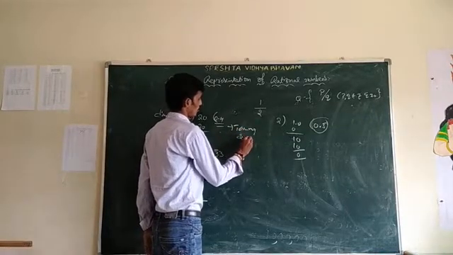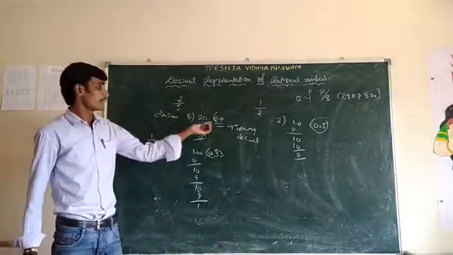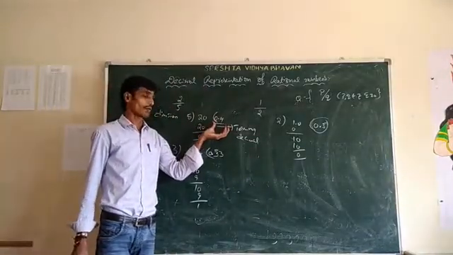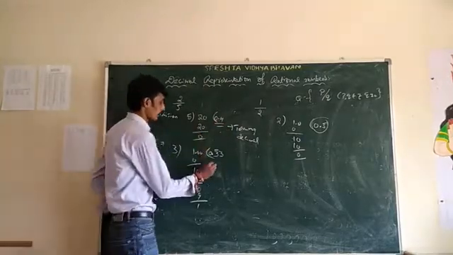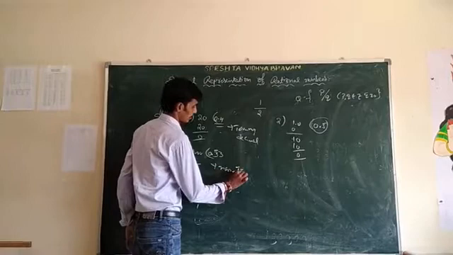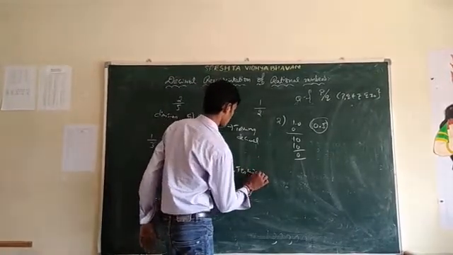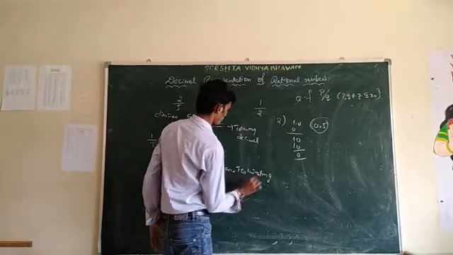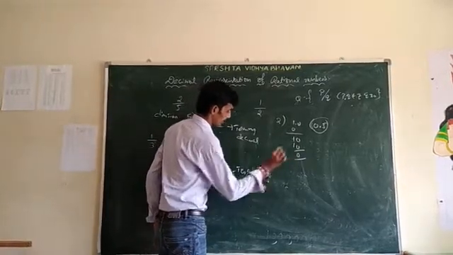So what is a terminating decimal? A terminating decimal means that after the decimal point, the number of digits is finite. This is called non-terminating repeating, or recurring.